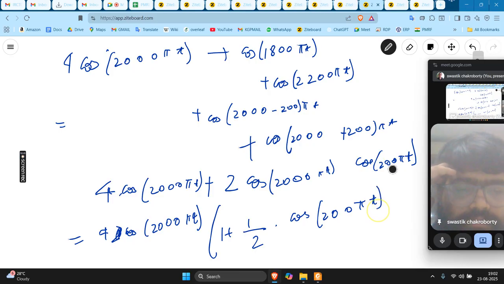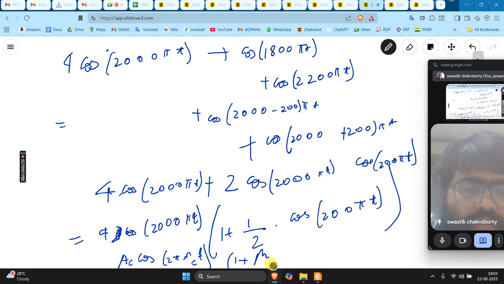So now if we compare this with AC cos 2 pi fct into 1 plus mu AM cos 2000 pi t, 200 pi t.